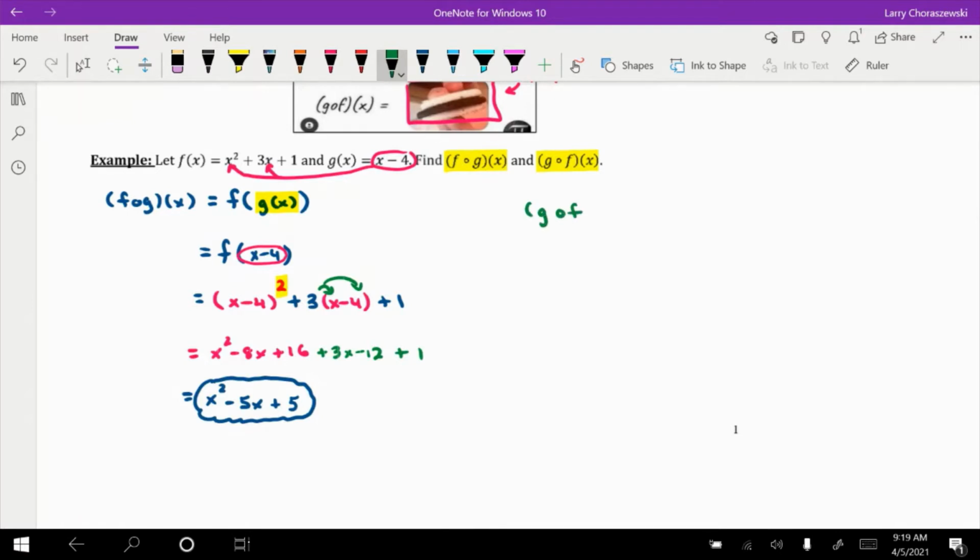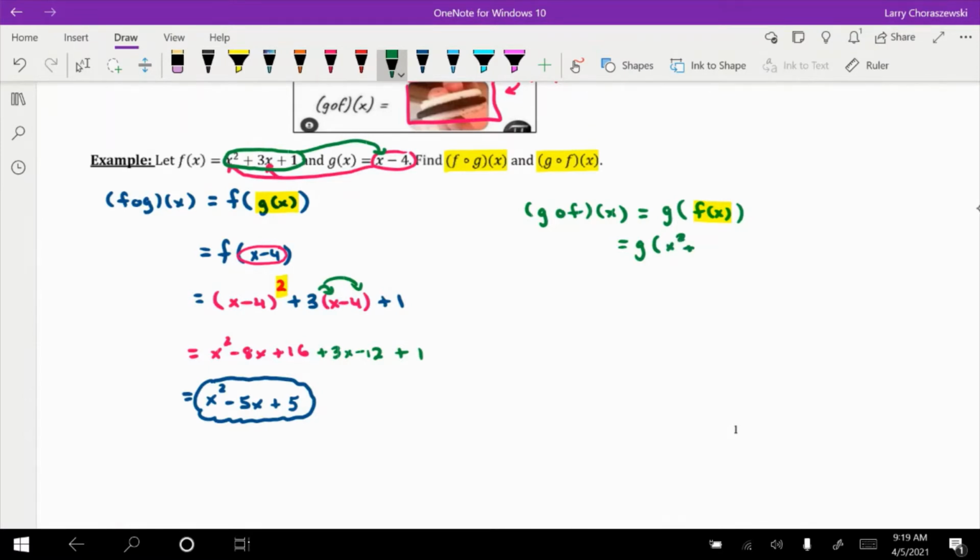Let's do g of f of x. This is going to be rewritten as g parentheses f of x. And again, since we have a specific expression for f of x, let's spell out exactly what it is that we're plugging in. This time what we're going to be doing is taking x squared plus 3x plus 1 and plugging it into the x that's part of x minus 4.